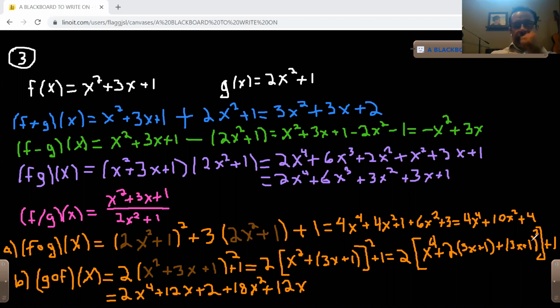And 1 elevated to the power of 2 is 1 times 2 is 2. And we've got the 1 that's here outside. Again, this is just algebra practice.